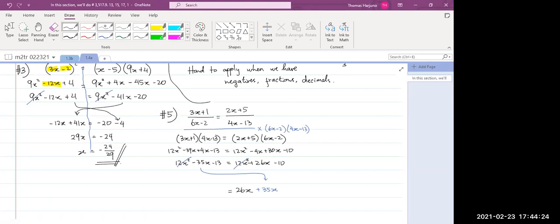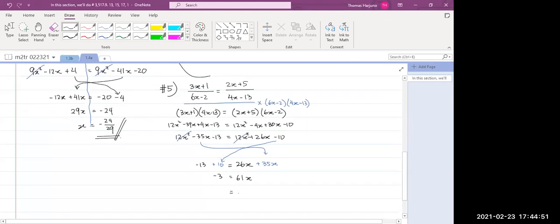And then subtracting 10, move to the other side, becomes plus 10. Now I will get negative 3 equals 61x, which is x equals negative 3 over 61.